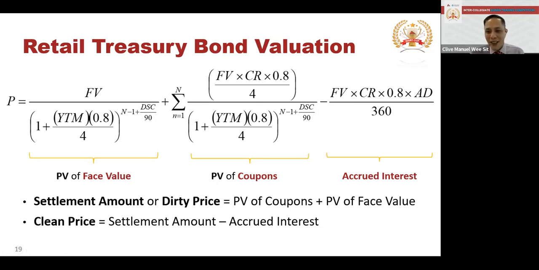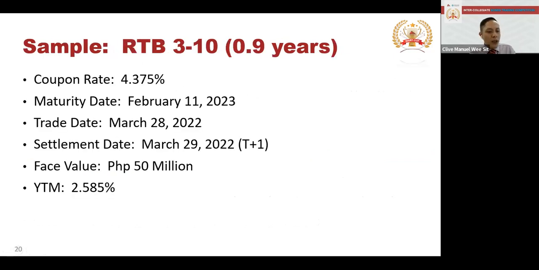Operationally, you do the valuation the same way as an FXTN. You just have to account for the differences, these nuances, in terms of the number of cash flow payments every year, which is 4 times a year, and 90 days for each cash flow period. So we'll use this example, an RTB 3-10, which is an RTB that has 0.9 years left till maturity.